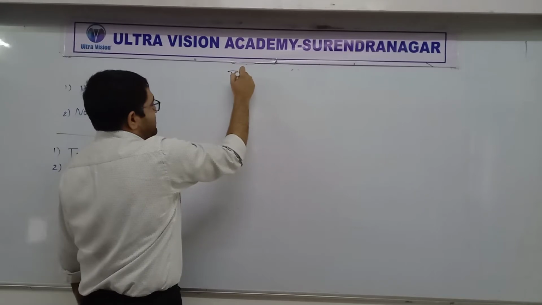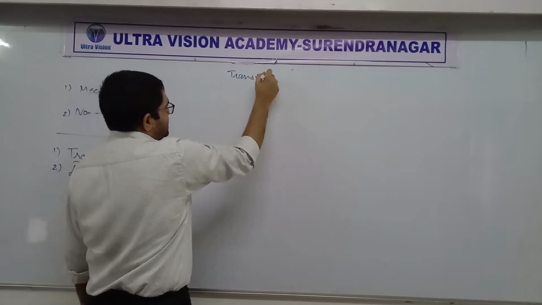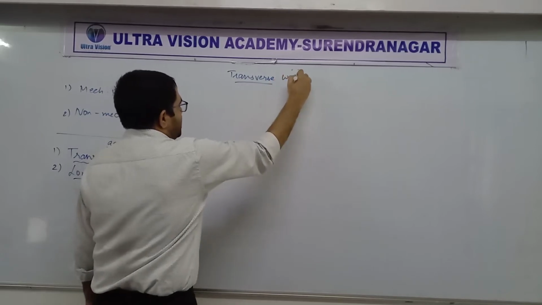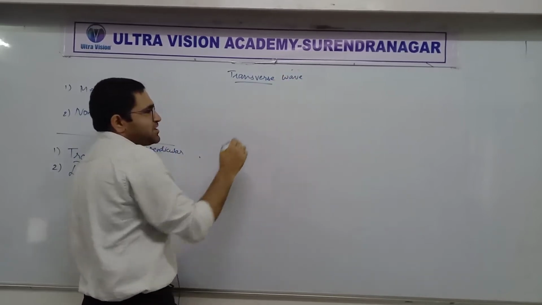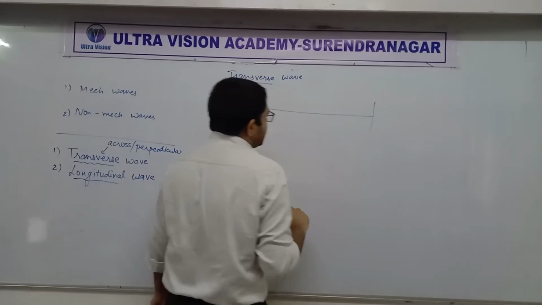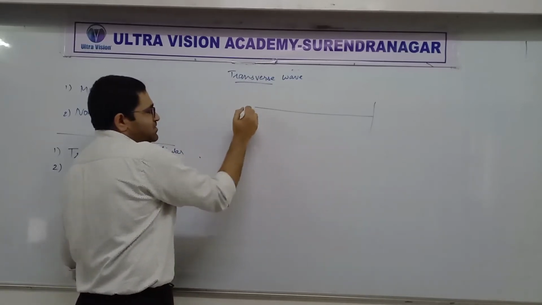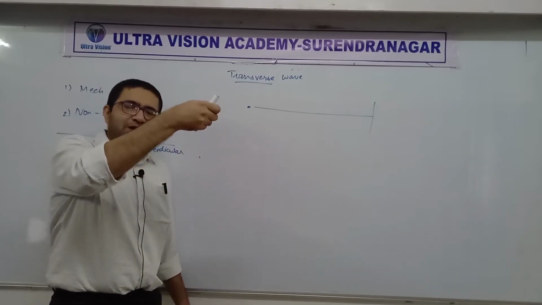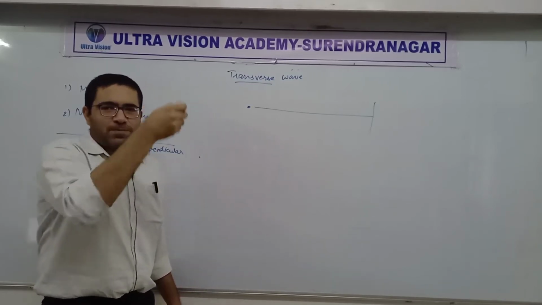I'm going to explain in a very simple way what a transverse wave is. Suppose you consider that string case again, and at the source you are holding the string and you move that point up and then down, up and down.